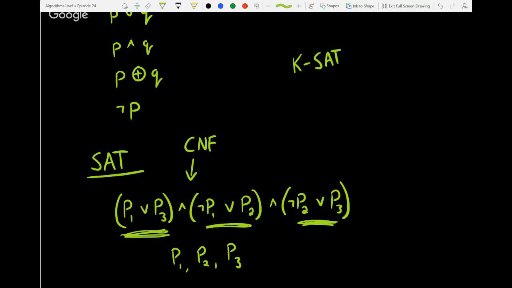And if you have something of that form, and you can negate any of these propositions, that's fine. But if they're just stuck together with ors, and each of these disjunctive statements is stuck together with ands, you have conjunctive normal form. And if you want to know what k your kSAT is, well, you look at the disjunction that has the most variables in it.